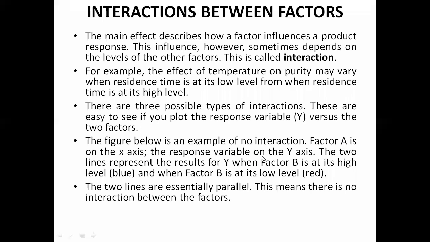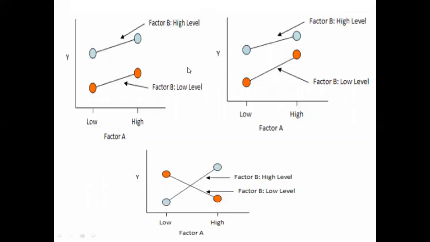The two lines represent the results for y when factor B is at its high level, blue, and when factor B is at its low level, orange.